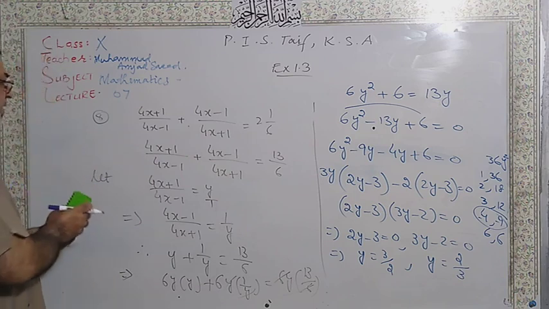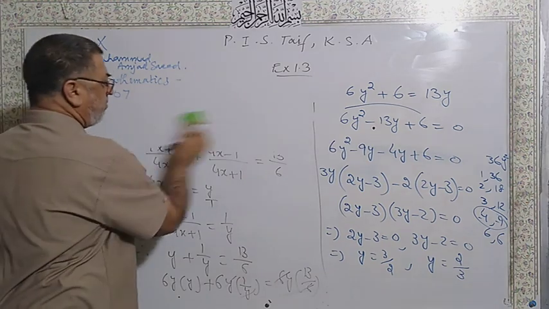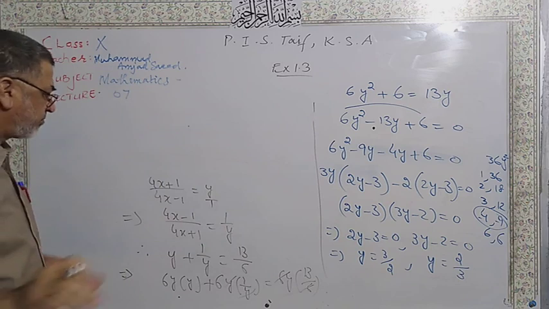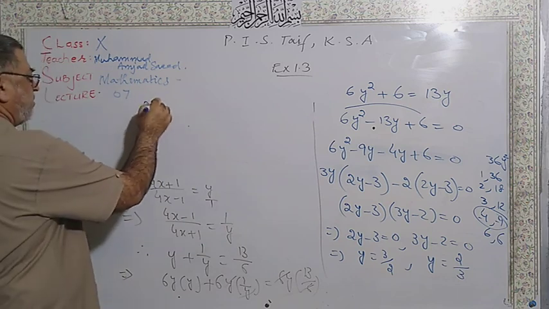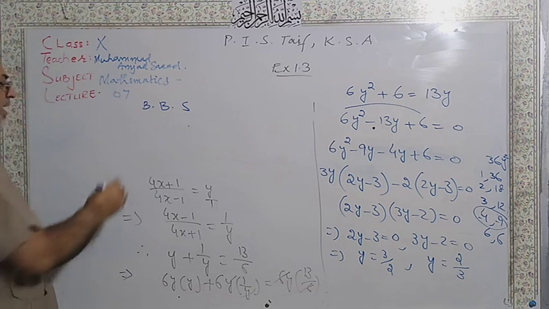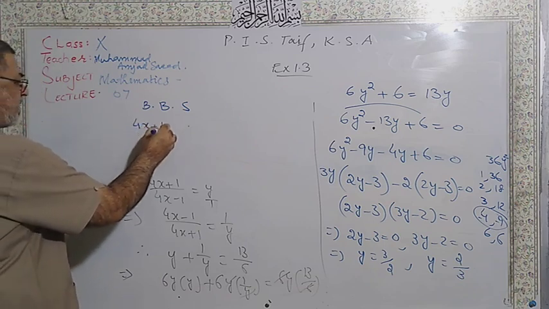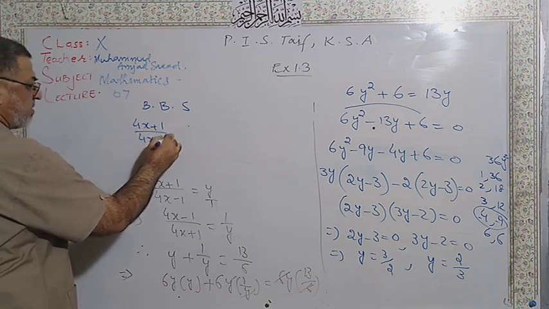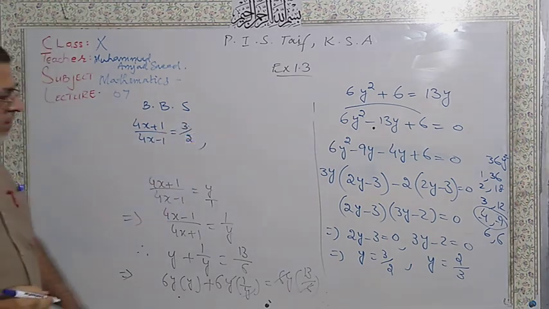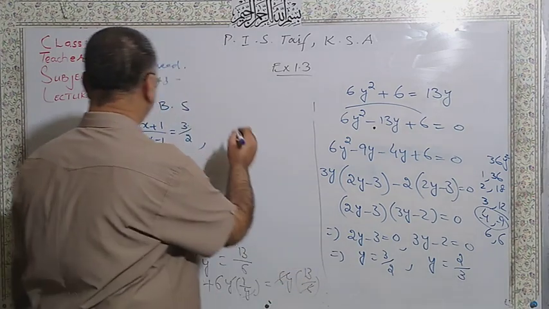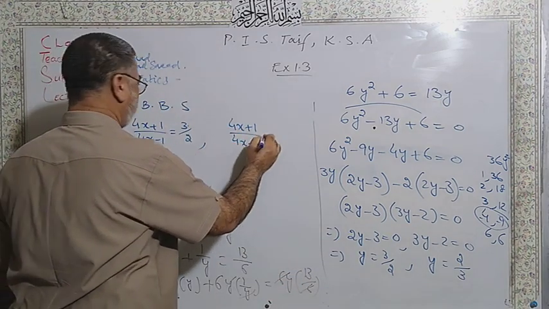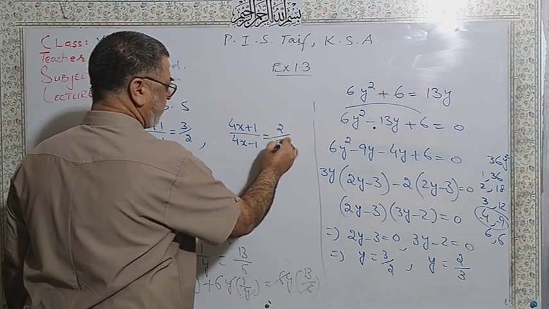Now by backward substitution, what is the value of y? 4x plus 1 over 4x minus 1 is equal to 3 by 2. Then again, for this value of y, 4x plus 1 over 4x minus 1 is equal to 2 by 3.